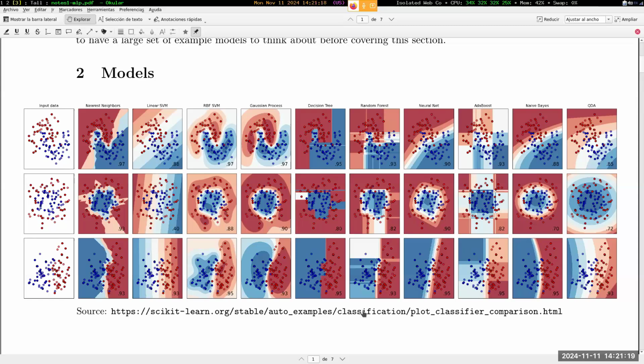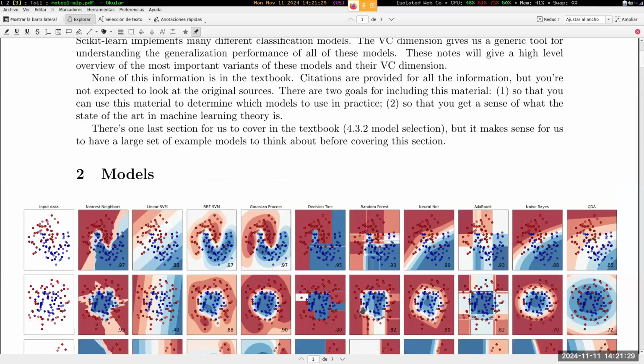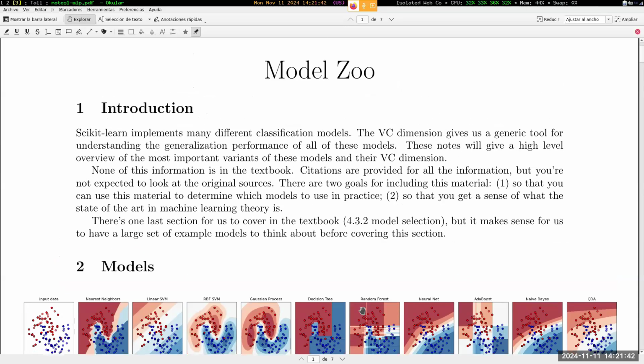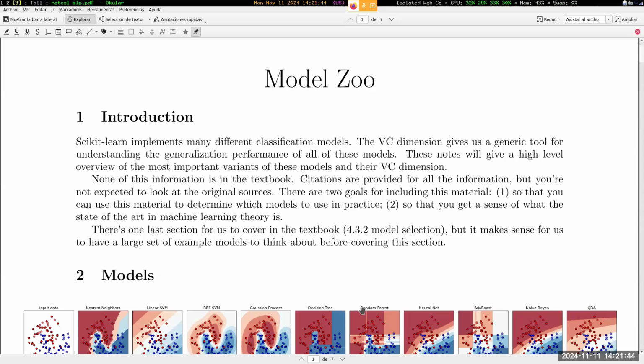And we've tried to motivate why that's the case, because it allows us to minimize the out-of-sample error by cleverly adjusting these things. One of the weaknesses of the textbook is that they limit their discussion to just linear models and then making them more complex with the polynomial kernel. But there are many, many other models that people do care about in practice. And so this next topic is going to cover a lot of those models that people care about in practice.